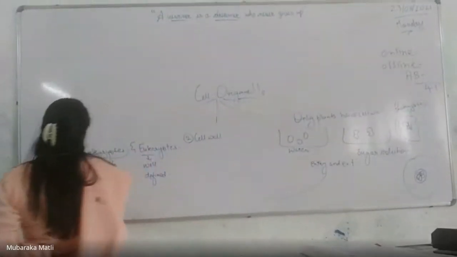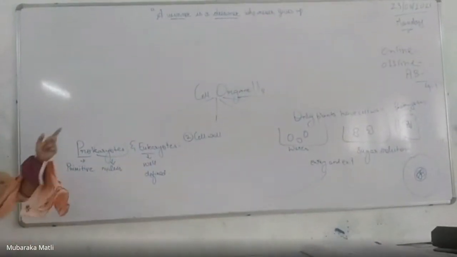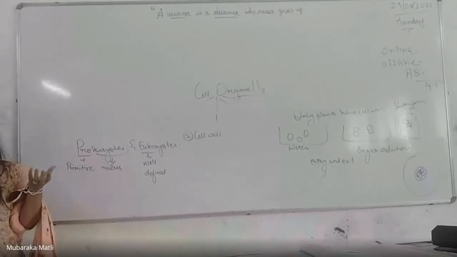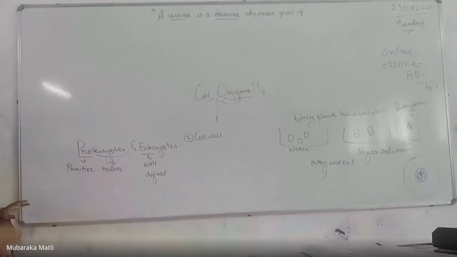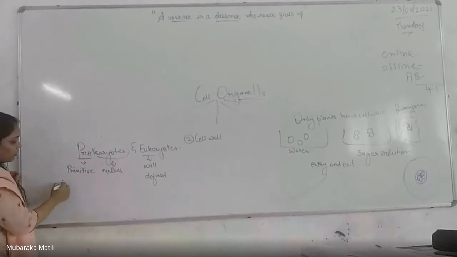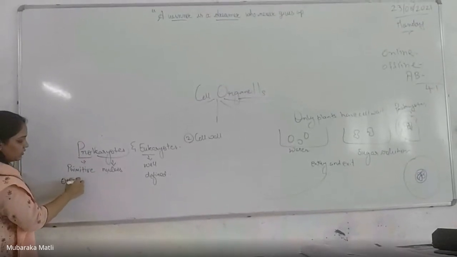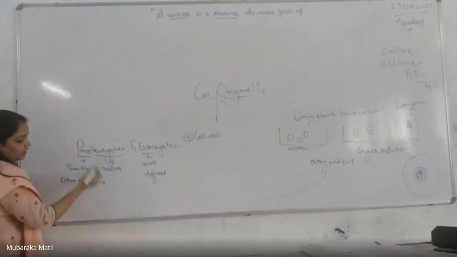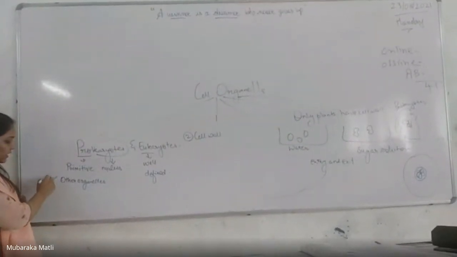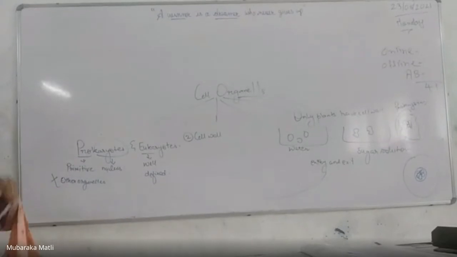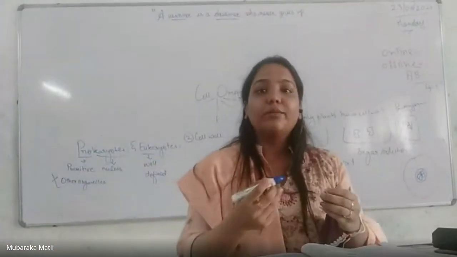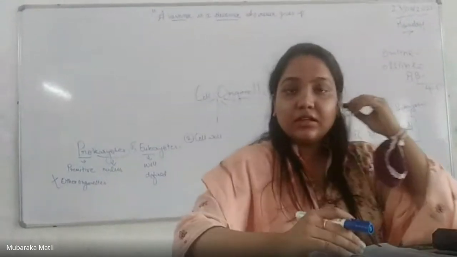When we are talking about a prokaryotic cell, there is a nucleus which does not have a well-defined shape. So in prokaryotes, the other organelles will also not be well defined, they will not have a particular shape.